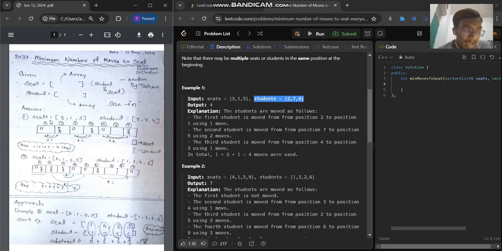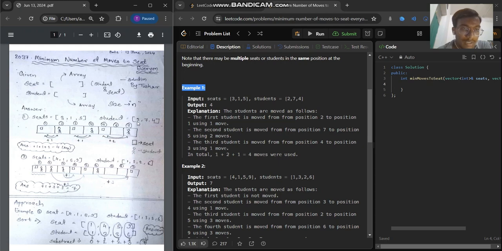First we take example 1, where seats contain 3, 1, 5 and students contain 2, 7, 4. To visualize this problem, you can consider the seats as positions aligned next to each other.